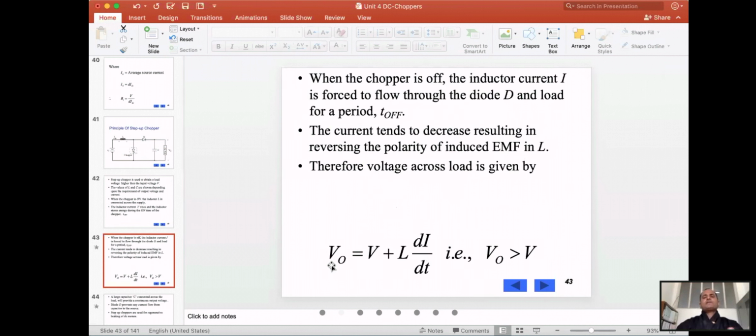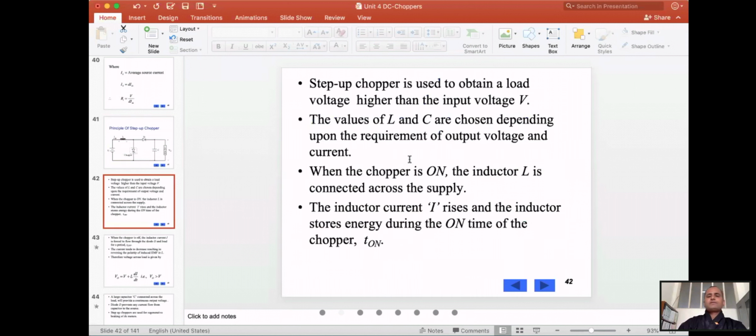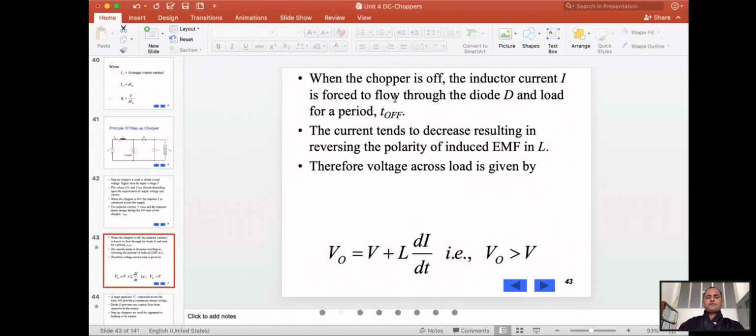Now, when the chopper is off, the inductor current is forced to flow through the diode. Whatever is stored in L is forced to flow through the diode and the load for the t off period only.